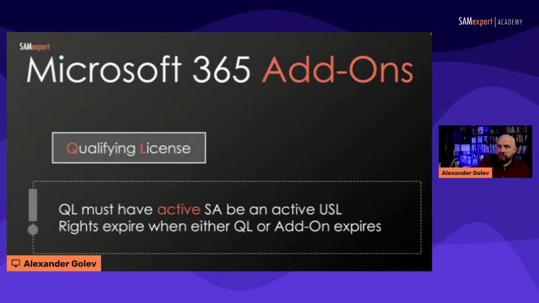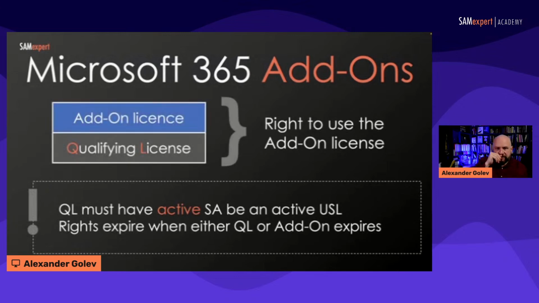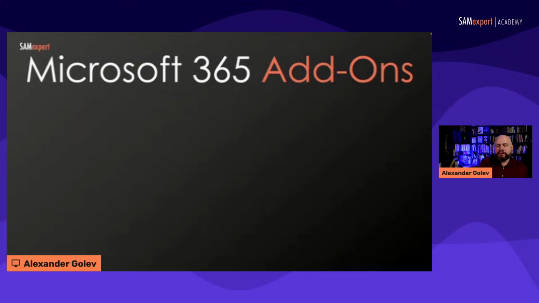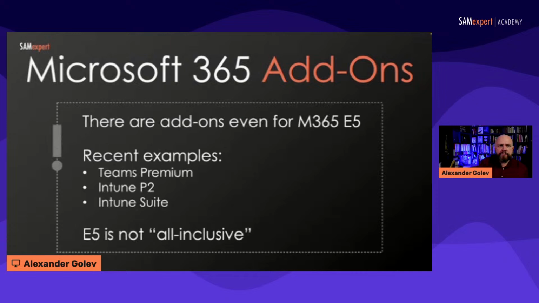Microsoft 365 has add-ons, and in addition to what we just discussed about add-ons to Office, Microsoft 365 also has other add-ons. This is the thing that we discussed recently in the licensing update. When Microsoft released Teams Premium a few months ago, it went into general availability, I think, this month, March 2023.